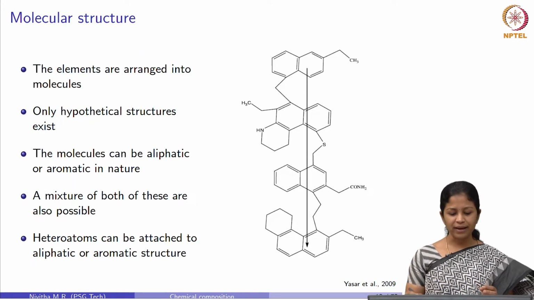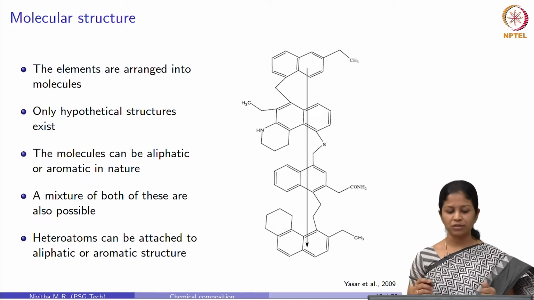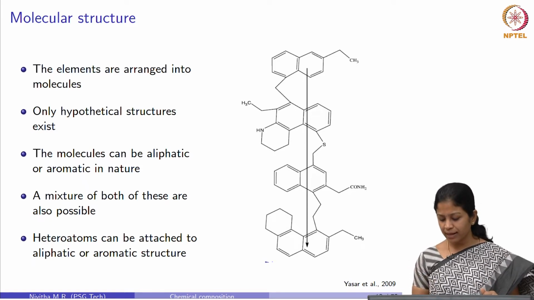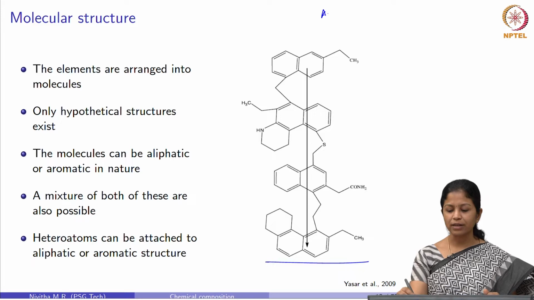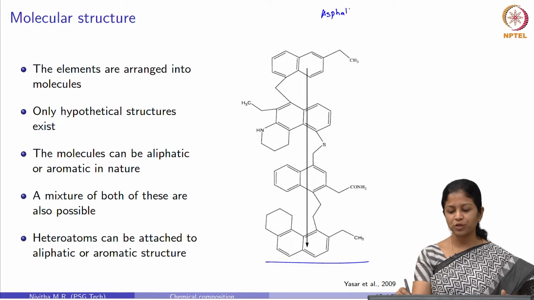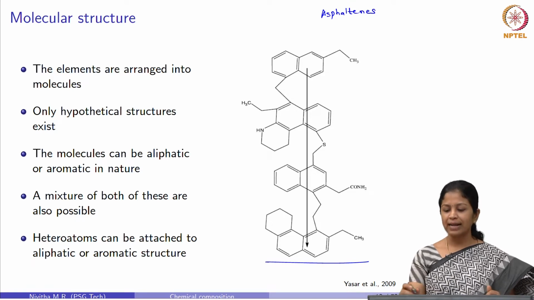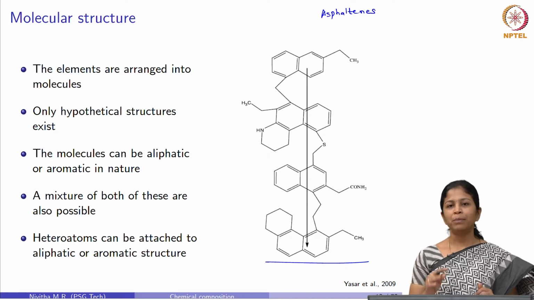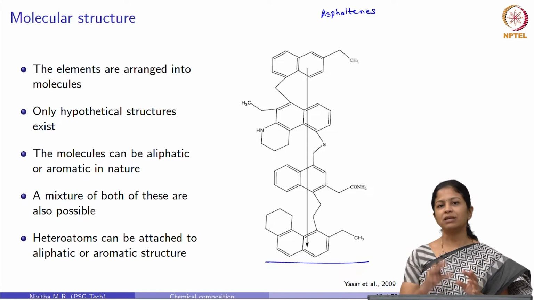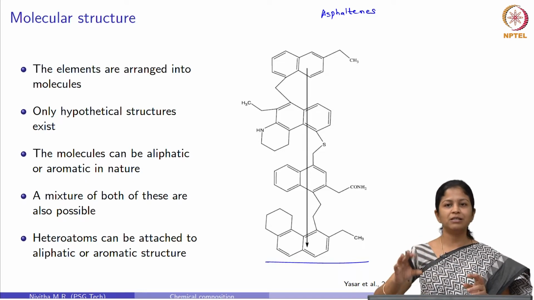The elements are arranged into different molecules. So, this is a hypothetical structure for asphaltenes, one of the components which is present in bitumen. When we discuss the fractionation technique, I will tell you what these asphaltenes are, but as of now, you can just keep it as one of the components which is present in bitumen.